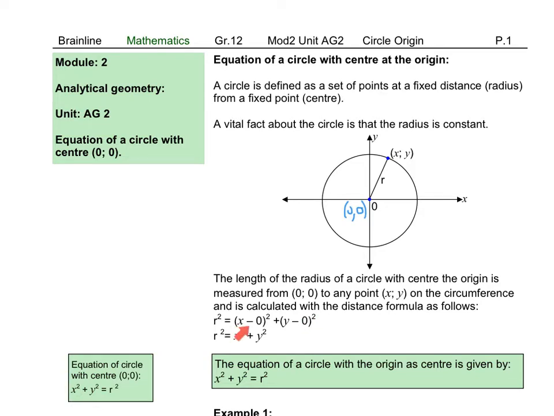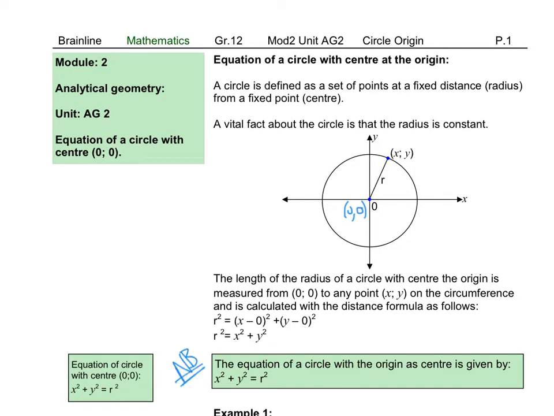If I then simplify, x minus 0 is x and squared, and y minus 0 is y and also squared. So the standard form of the equation of a circle with the origin as the center is then given by r squared equal to x squared plus y squared.